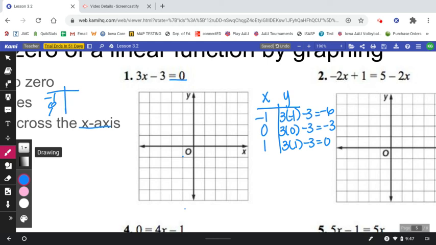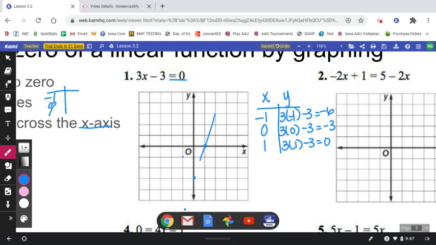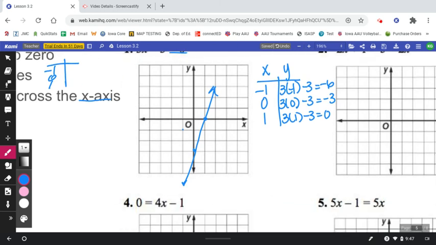So I have -1, -6, 0, -3, and 1, 0. There we go. So as I can see, here is my x-intercept, and so my x-intercept, or my 0, is at 1, 0.